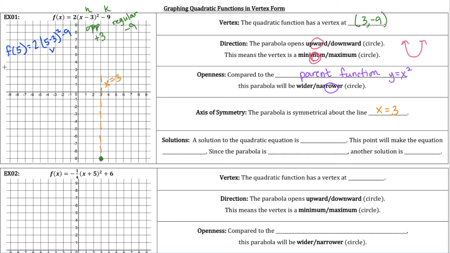So 5 minus 3, I can write that a little bit better. Equals 2 times (5 minus 3) squared minus 9. That'll give me 2, and then we square it, which is 4.